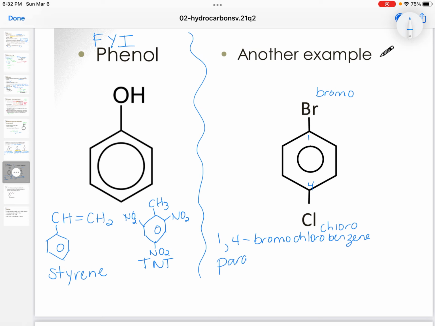You could write para-bromochlorobenzene. So as frustrating as it seems to have to memorize something else, benzene is so unique, it stands out so much, it kind of stands apart. So then it stands apart on your page, it's really obvious when you take a look at a question.